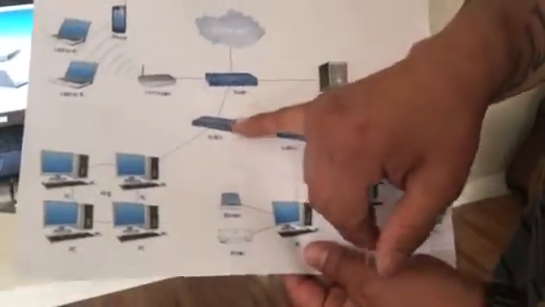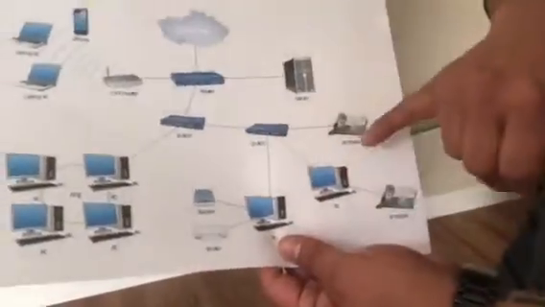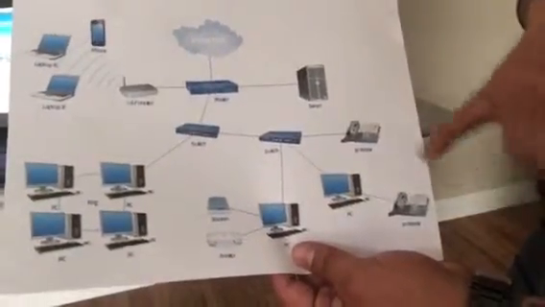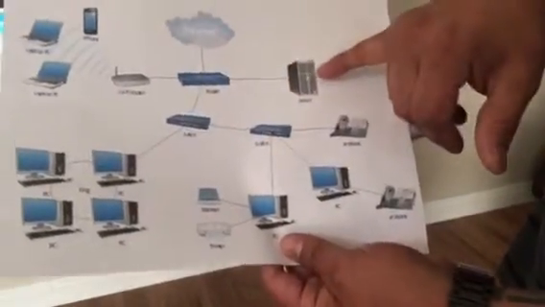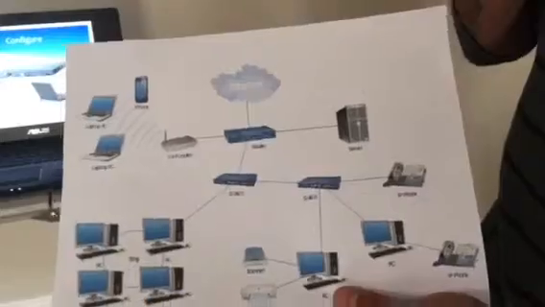You then have a switch, and another switch. This switch is going to service the PCs. This switch here will service other PCs with IP phones. And then this is connected to the server. Now within the router, you're going to configure the routing protocols to connect to the different networks that you have on this diagram.